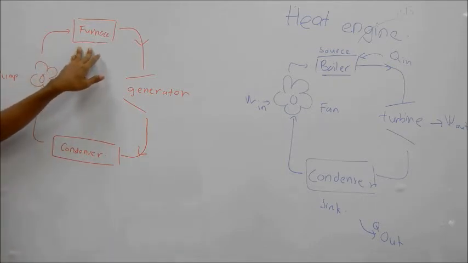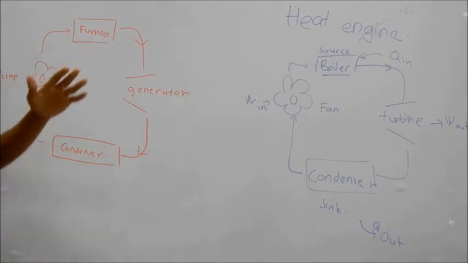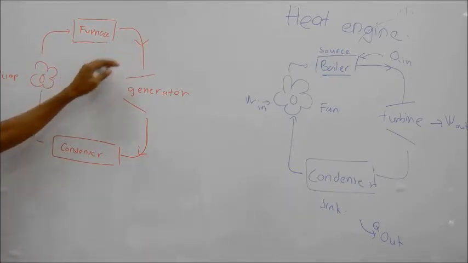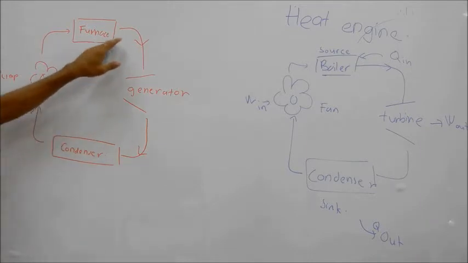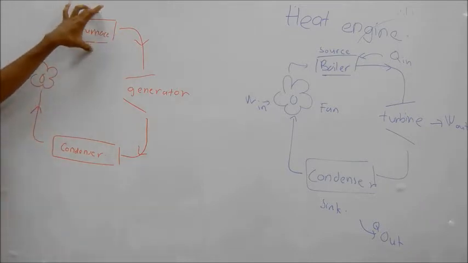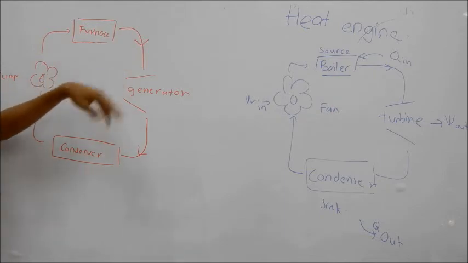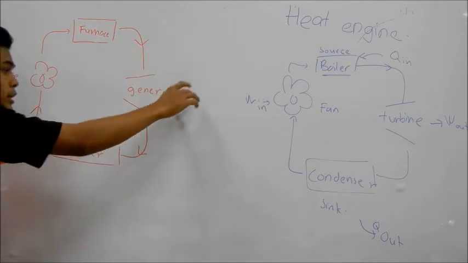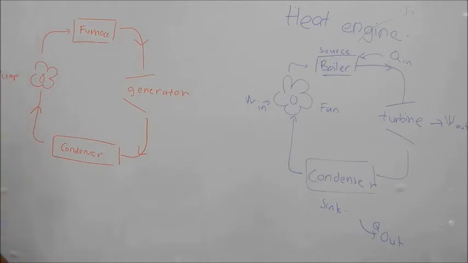First, the furnace. The furnace provides large heat from sources such as fossil fuels or nuclear plant, and then transfers the heat to the generator. The steam produced from this transfer moves the turbine inside, attached to the generator that can produce electricity.